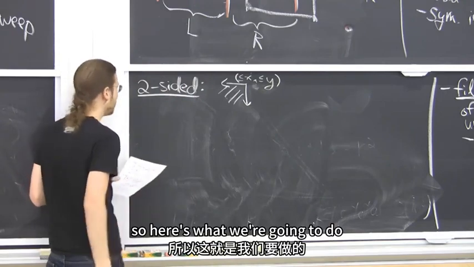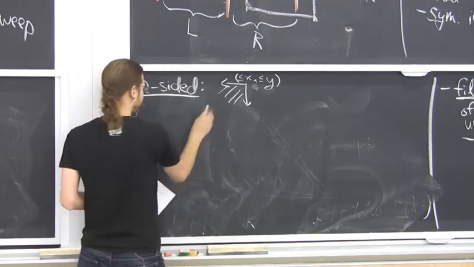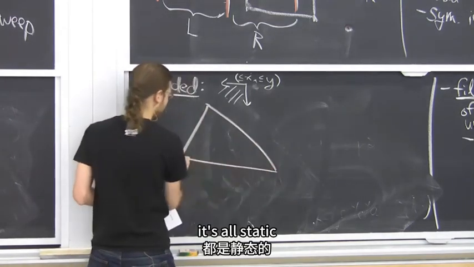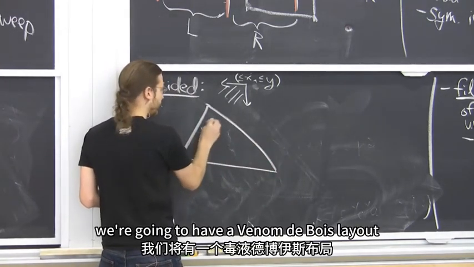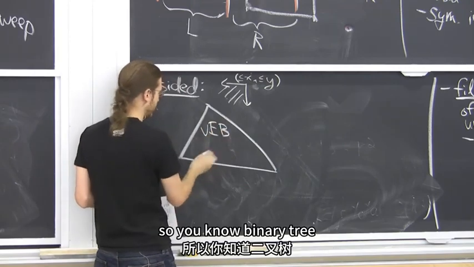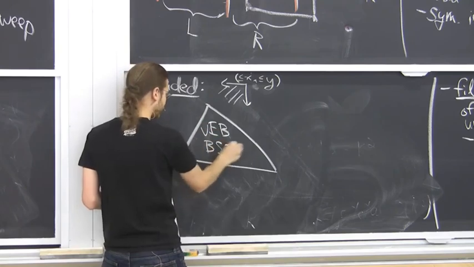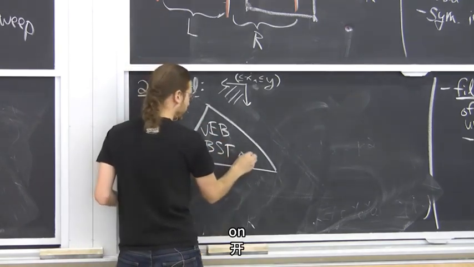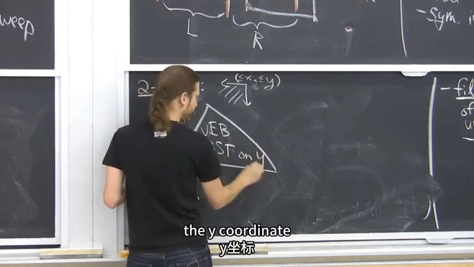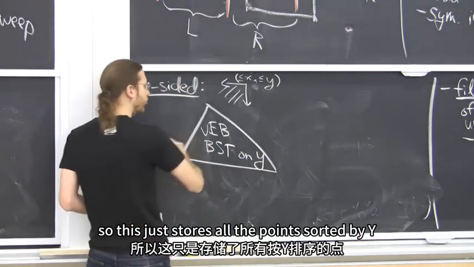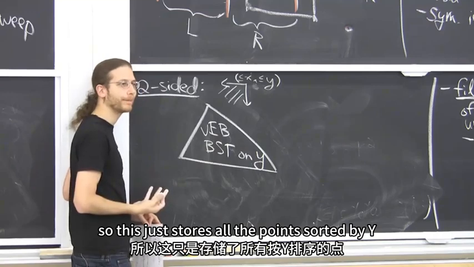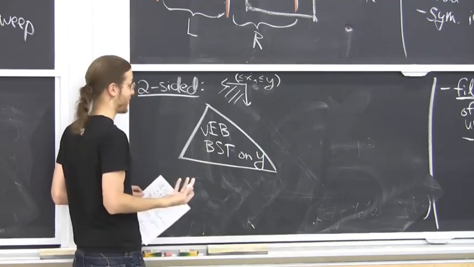So here's what we're going to do. It's all static. We're going to have a van Emde Boas layout, so a binary tree on the y coordinate. This just stores all the points sorted by y. Okay?